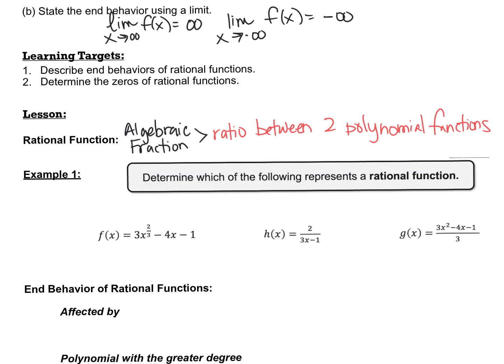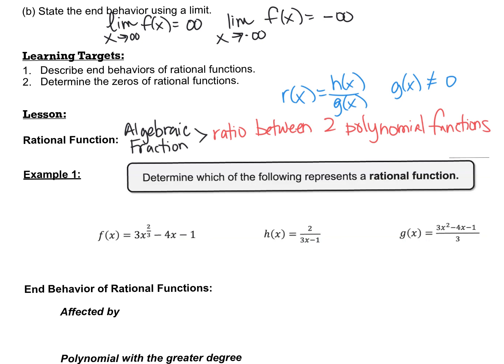Right? It's a ratio or a quotient between two polynomial functions. You'll typically see it written something like this: R of x equals h of x over g of x. That just means we've got two polynomial functions there. The only stipulation is that g of x can't equal 0.